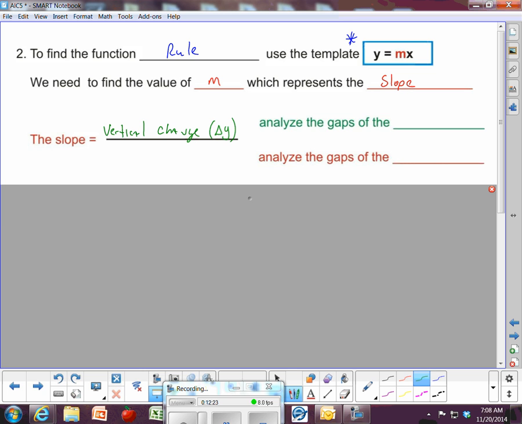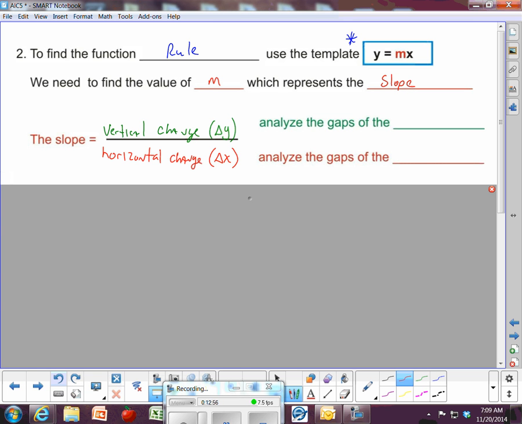The bottom is the horizontal change, and so that would be delta x, right? Because x is the horizontal one. So you get the vertical change, talking up, down, on the top. And on the bottom you've got the horizontal change, the left, right.